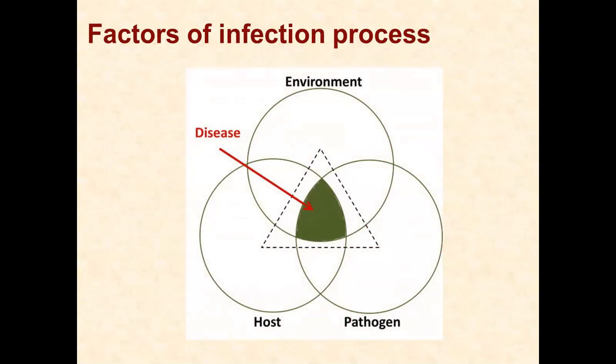And which factors affect the infection process? It's the interaction between host and pathogen in some environmental condition. Factors associated with host are the age, sex, the state of immune system, the type of nutrition, mode of life, the occupation of people; all this is important for development of infection process.